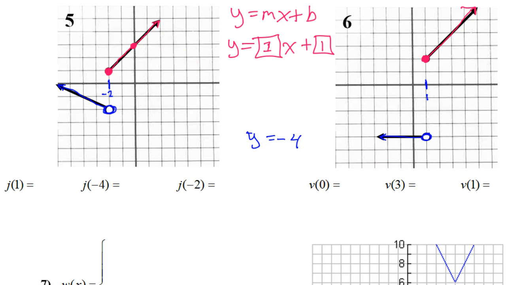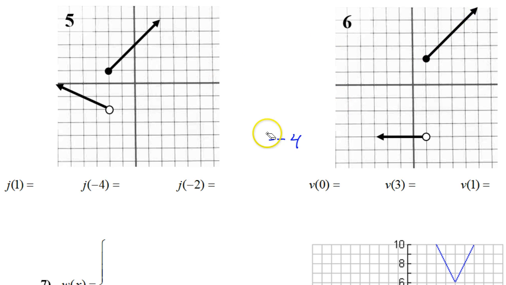I know that the graph is right. So if I can use the graph to evaluate, then I know my answers will be correct. So let's do that. So here's how you can use the graph to evaluate. These are x values.